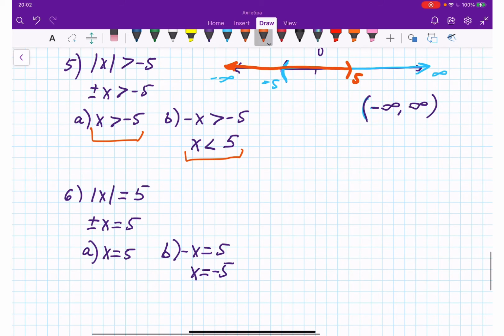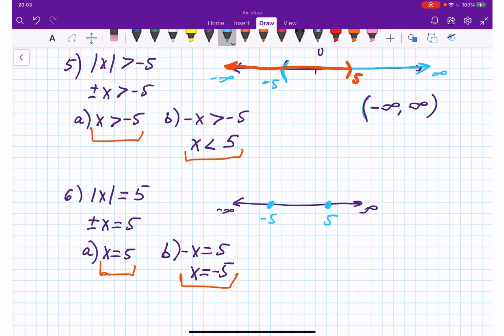And we have what? 2 points only. That's it. Right? If this is our graphing line, negative infinity, positive infinity, this is negative 5, this is positive 5, let's say, and that's it, that's the answer.